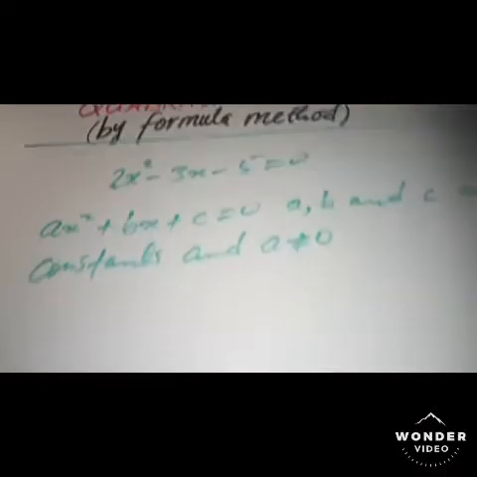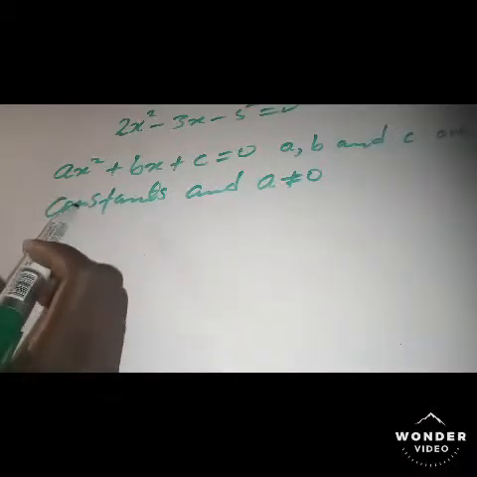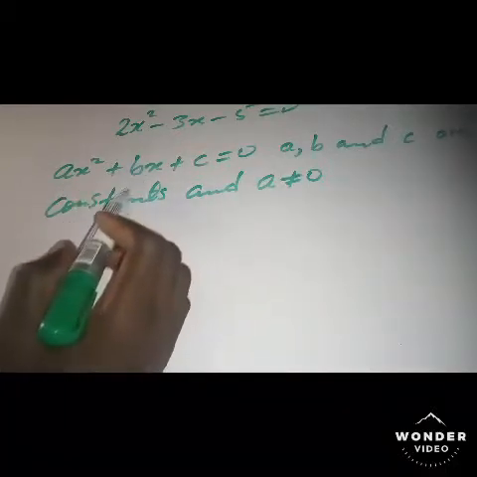When you look at the formula, you find that there are a, b, c in the formula. So it is very important for you to be able to recall this general form of a quadratic equation, ax squared plus bx plus c, for easy comparison.